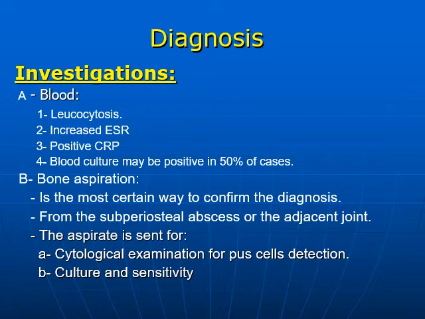Blood culture may be positive in 50% of cases. And bone aspiration is the most certain way to confirm the diagnosis. We always aspirate from the subperiosteal abscess or from effusion of the adjacent joint, and the aspirate is sent for culture and sensitivity and cytological examination for the pus cells.